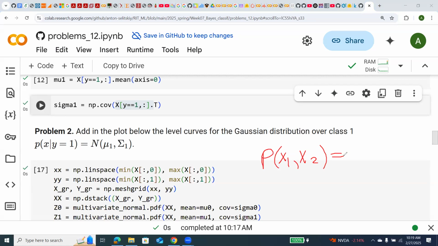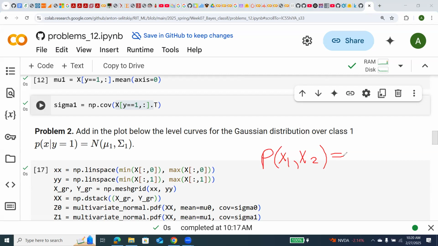So in the previous case, we calculated the covariance matrix for two-dimensional vectors. In naive Bayes, we assume that components are independent.